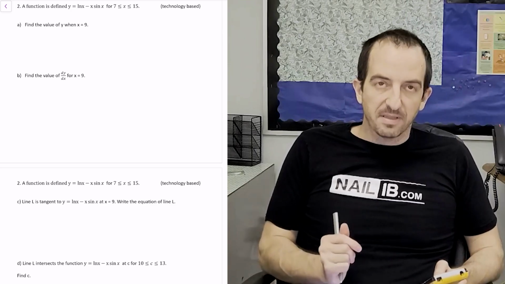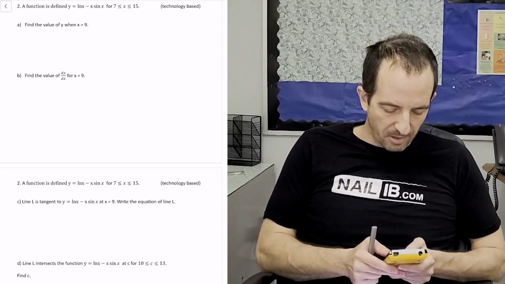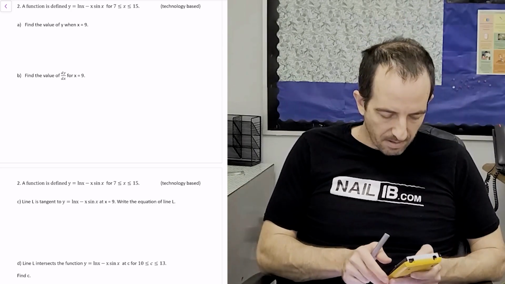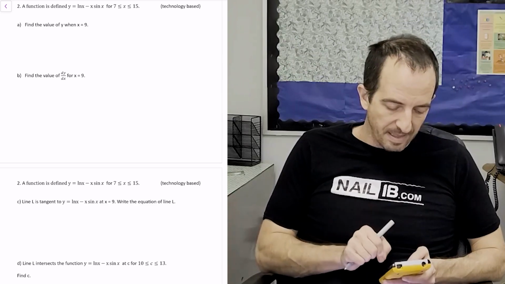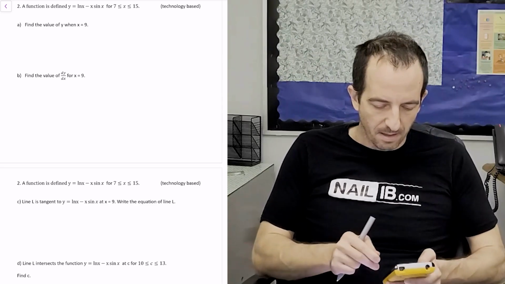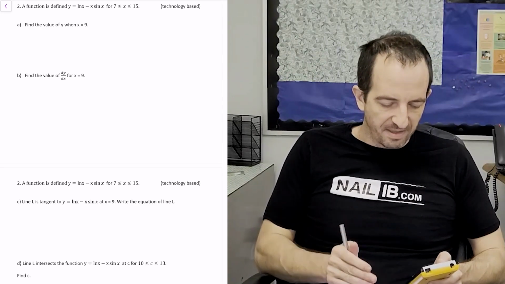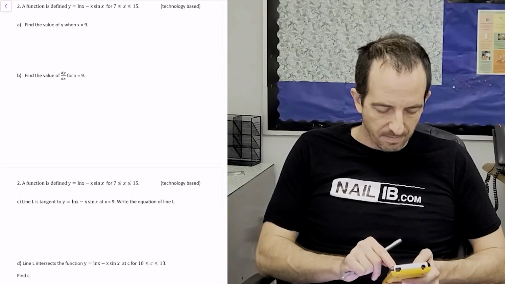And when I'm graphing it, first step is I want to graph it on the domain. So I'm going to set my x min to 7, my x max to 15. I'll go between -8 and 15 on my y, and let's see what this gives me.